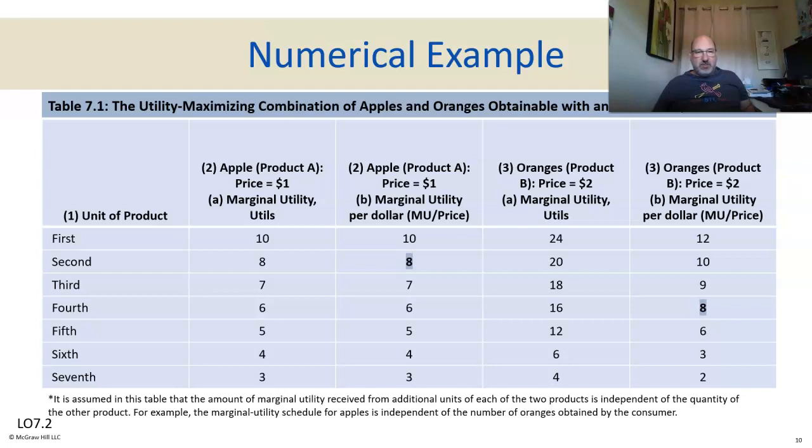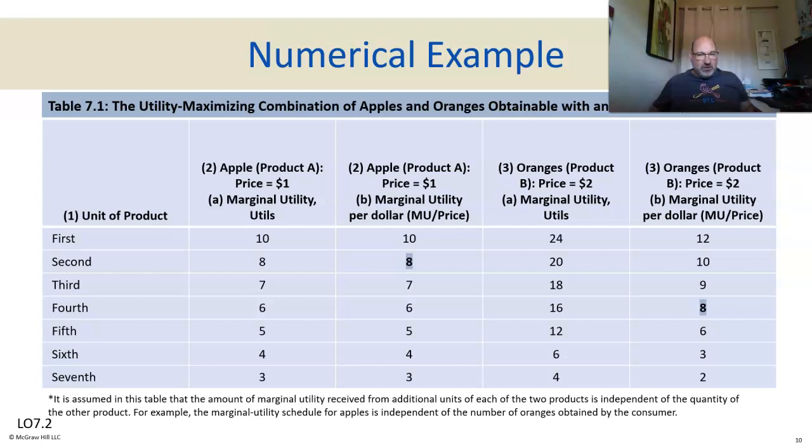So a numerical example, utility maximizing combination of apples and oranges, obtainable with an income of $10. Apples have a price of $1. Oranges are $2. I don't know why the oranges are $2, but whatever. I guess people like oranges more than apples. The apples have a marginal utility of 10, 8, 7, 6, 5, 4, 3.